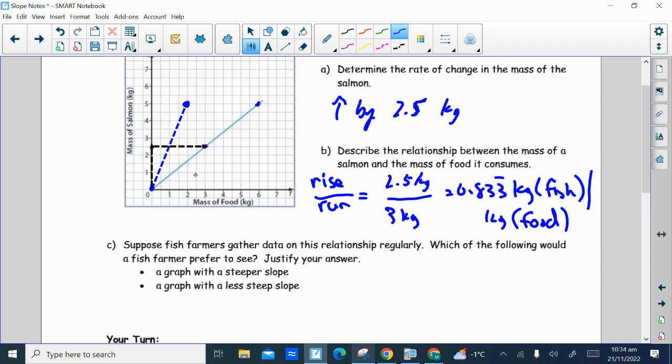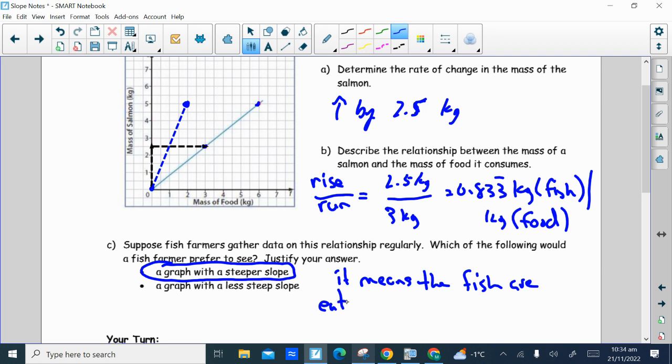So the fish farmer would probably want a steeper slope because it would mean that his fish are eating less food.